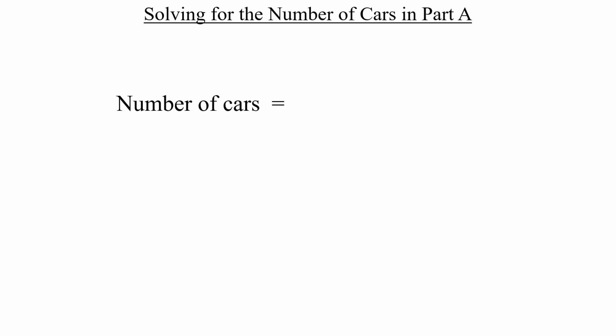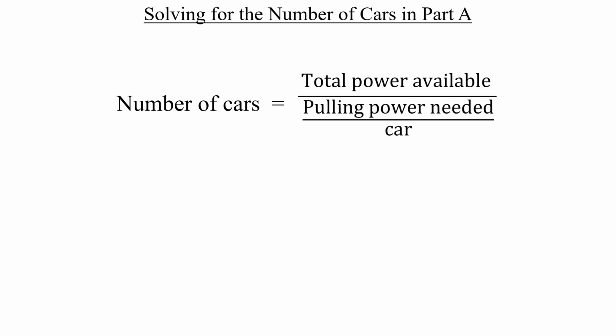Things begin fairly simple here in part A. We need to figure out how many cars these diesel engines can pull. And we can do that by taking the total power available to the engines and dividing that by the pulling power required per car. The power units will cancel out, and our final result will tell us how many cars the train can bring along.